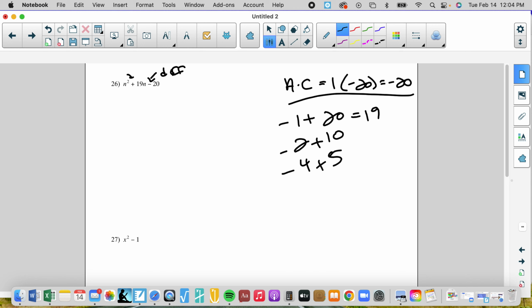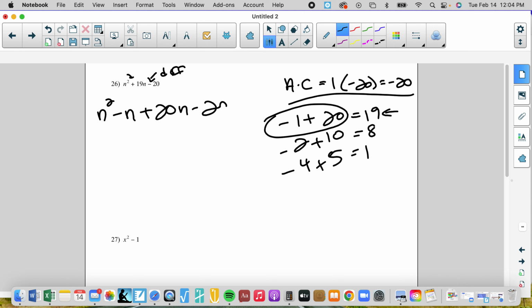You get 19, you get 8, you get 1. 19, love that. n squared minus n plus 20n minus 20. Now, if you want to write minus 1n in this place, this is the only time where I'm okay with you writing a -1 or a 1 as a coefficient. Typically, we don't write 1 as coefficients, but I'm okay because we're going to see this actually helps us.